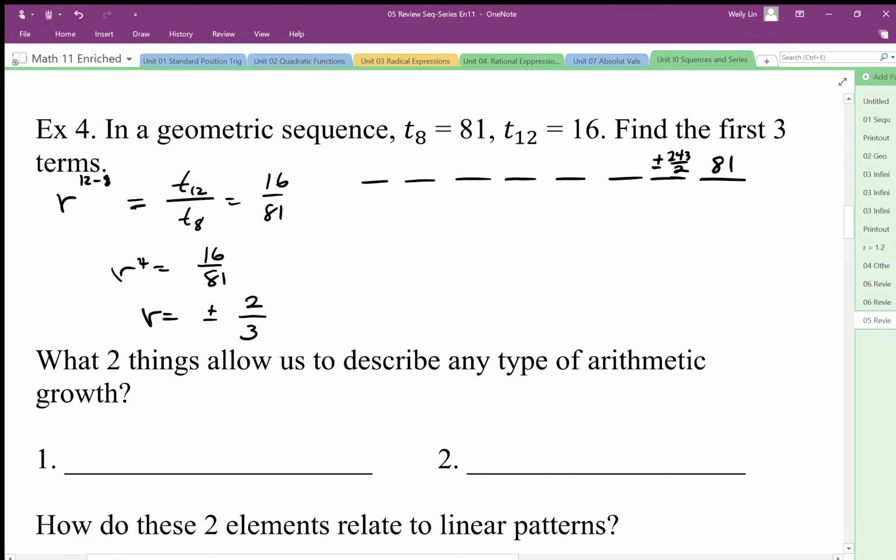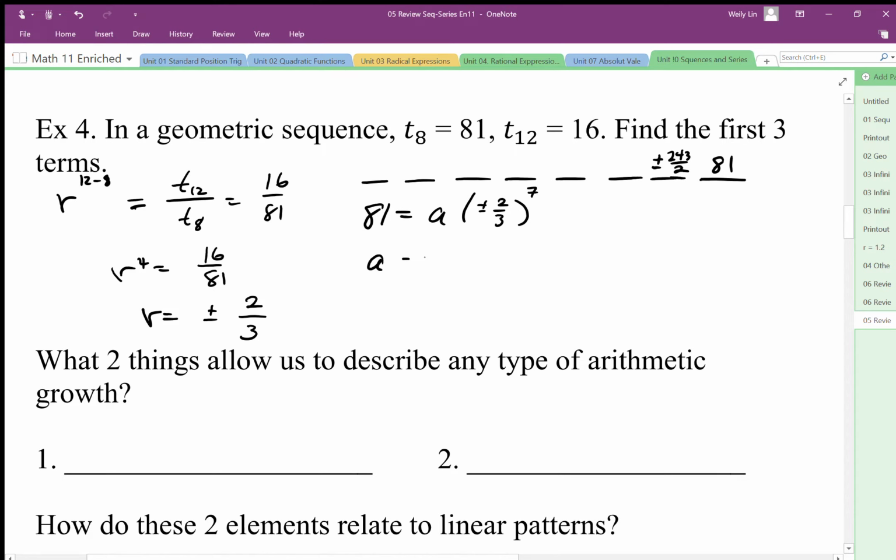Okay, maybe this looks a little bit complicated to do, so I'm just going to do it with an equation. T8 is equal to a times r to the power of 8 minus 1, or power 7.